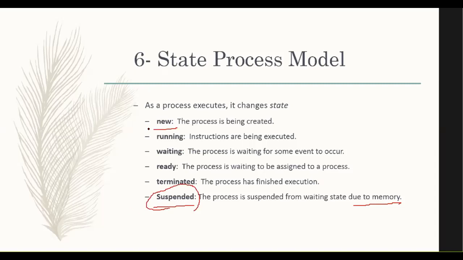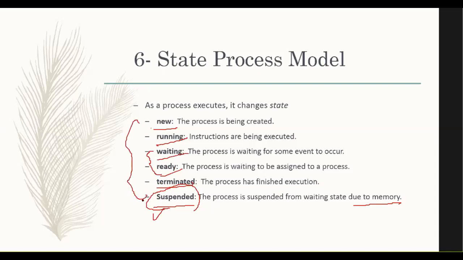So be careful. This new is in hard disk. This running state is in CPU. Then waiting and ready states are in RAM. Terminated, definitely your process itself got terminated, so this is only a representation of completion of the task. And suspended is again in hard disk.